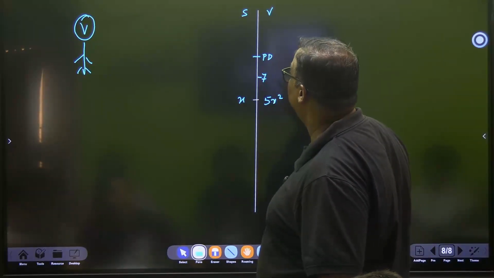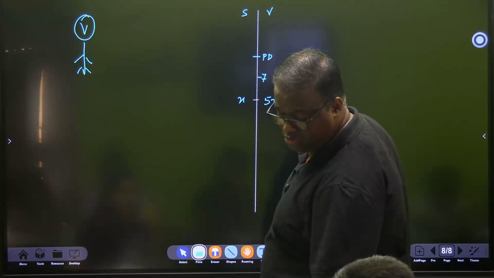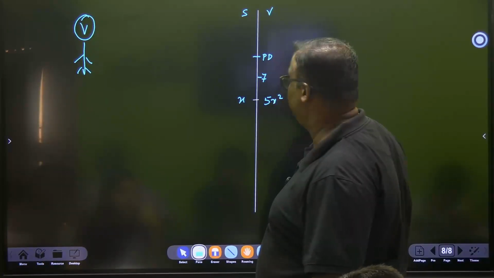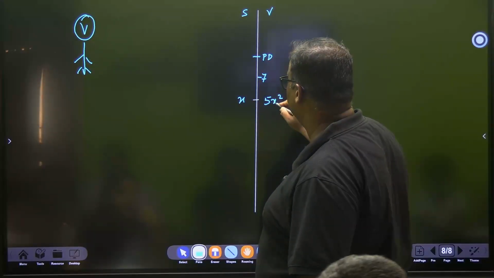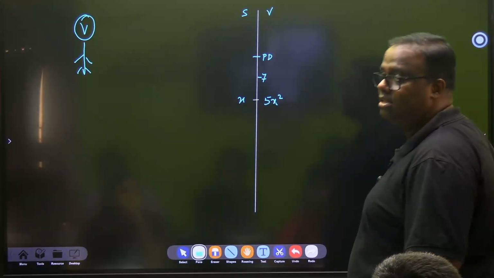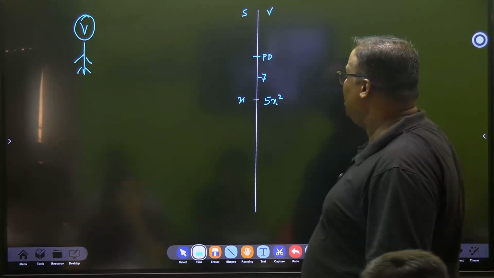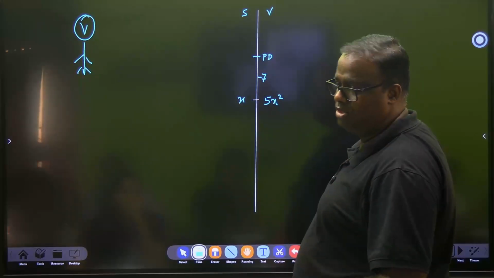Varun's age 7 years ago was 5 times the square of Swati's age. If Swati is X, then Varun is 5 times the square of her age. What is the difficulty?